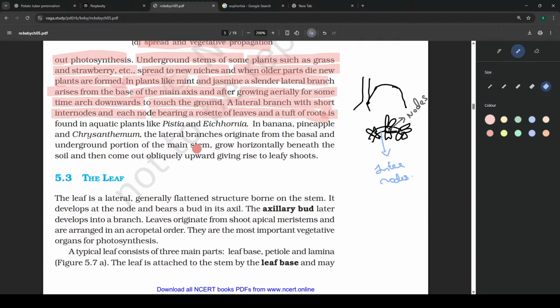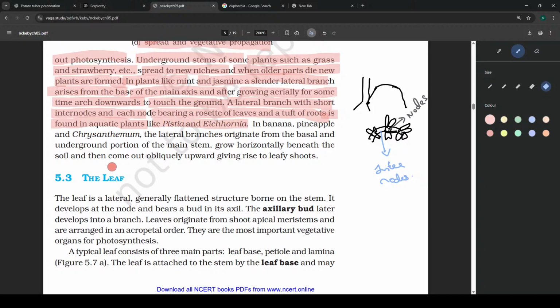Internodes and nodes. They will have a bunch of leaves, and there will also be roots as well. I will not be drawing the roots, it will not be understandable in this diagram. A tuft of roots. This is found in case of aquatic plants like Pistia and Eichhornia.